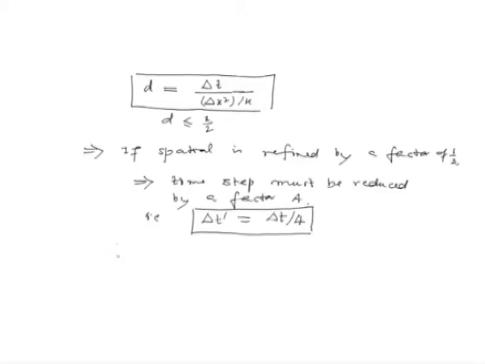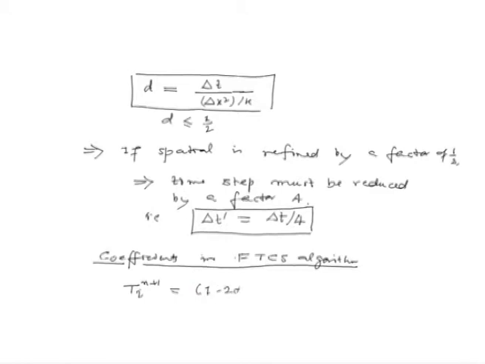Now, remember this particular condition which we derived from von Neumann stability analysis, we could have also derived it earlier by seeing the coefficients in this FTCS algorithm. What were the coefficients? Let us have a relook: T i at n plus 1 was 1 minus 2d times T i at n plus d times T i minus 1 at n plus d times T i plus 1 at n.